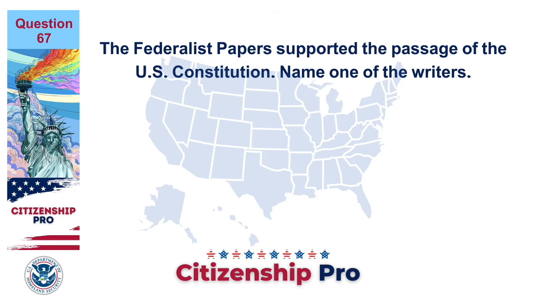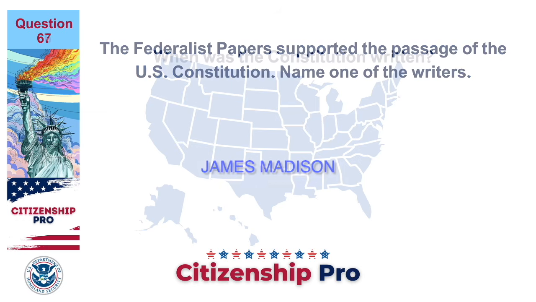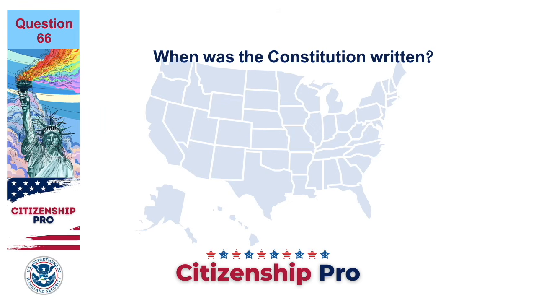Name one of the writers. James Madison. When was the Constitution written? 1787.